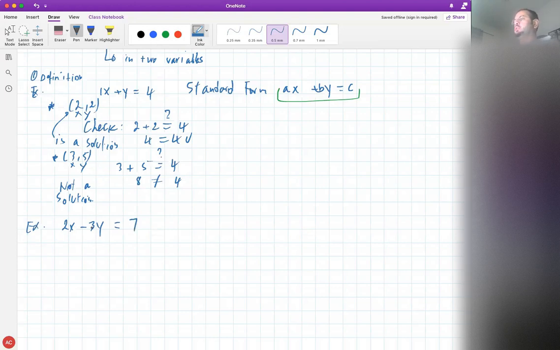Again, the numbers here change, as you can see, we have 2 and negative 3. So we're going to check a couple of pairs. We check 3 and 1, then check 2 and negative 1.